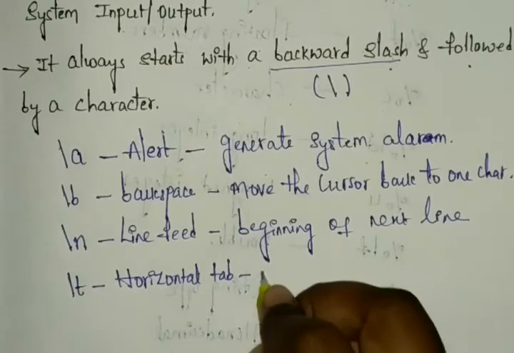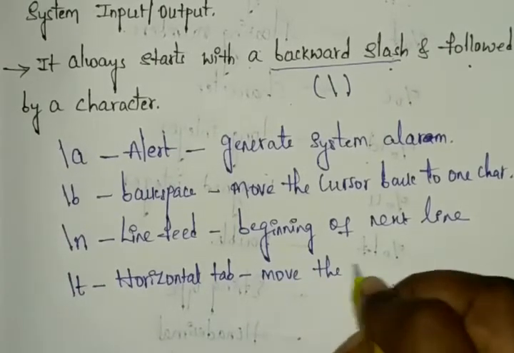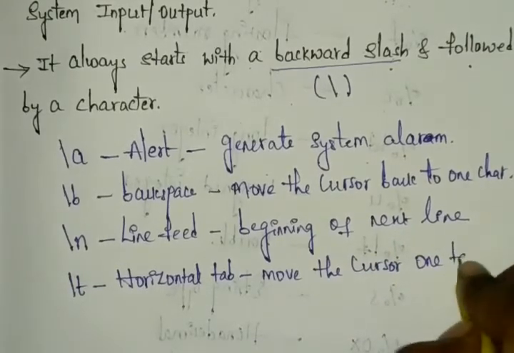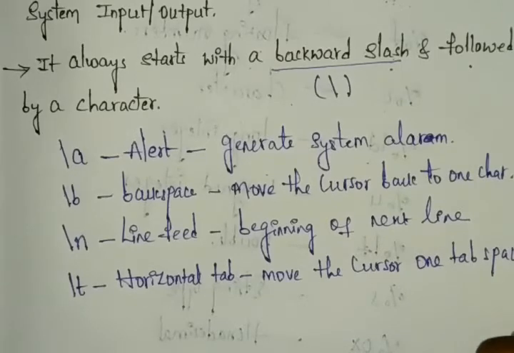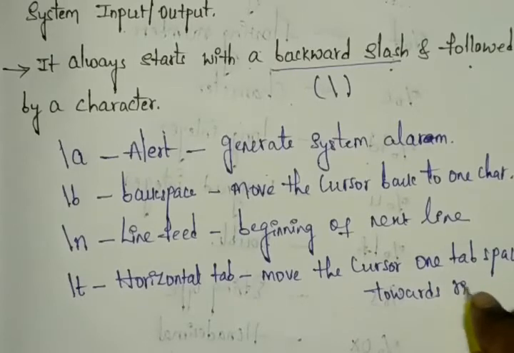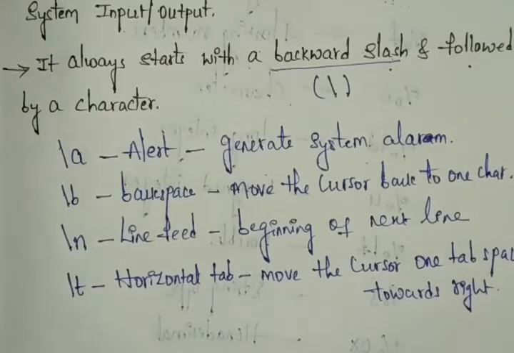Only to the right side, not to the left side and not to the next line. If you give hello world, and put backslash t between hello and world, the world will be moved to the right side like that.